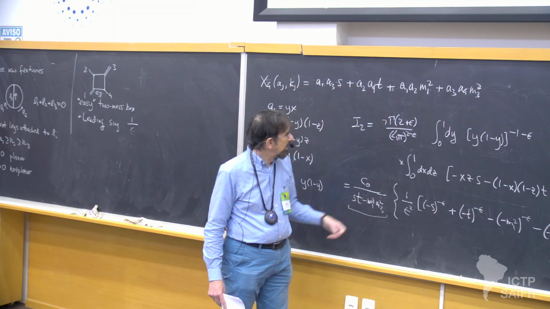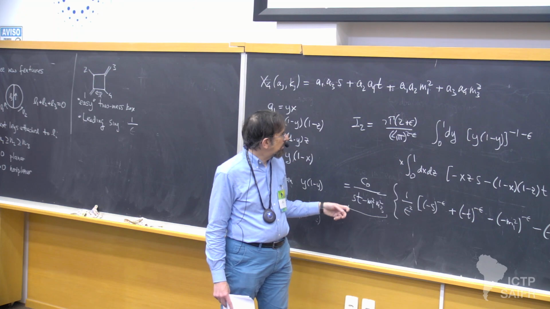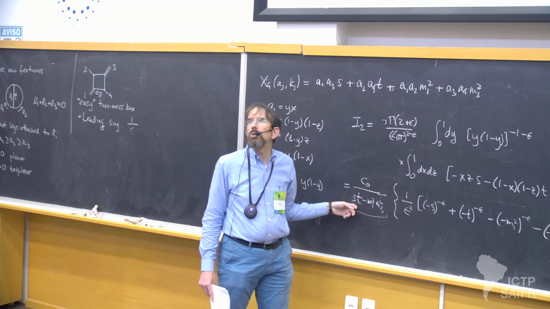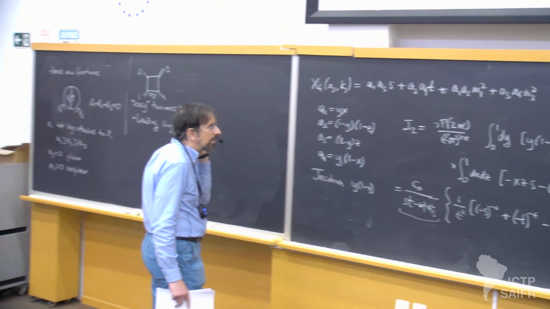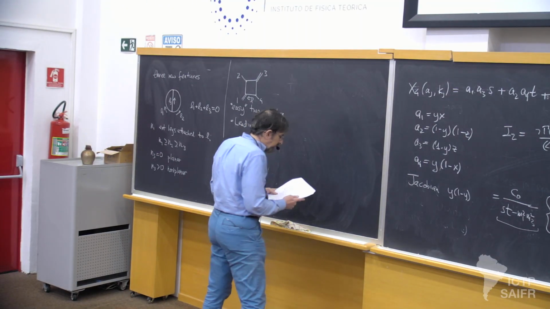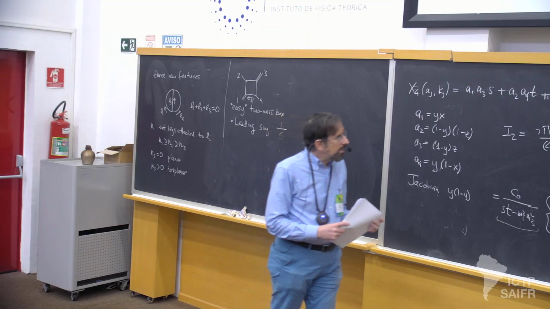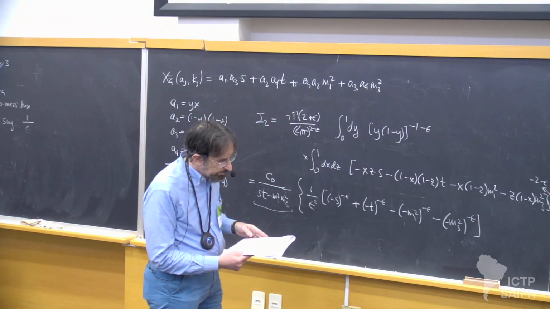If you take, for example, m3 to 0, then that's exactly what you'll get for the box that we looked at earlier. I didn't do the calculation in all its details. So this singularity is spurious.